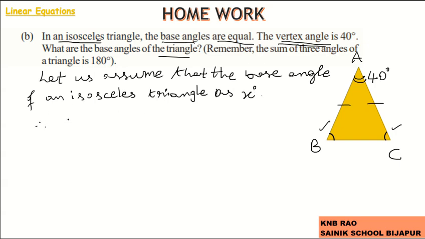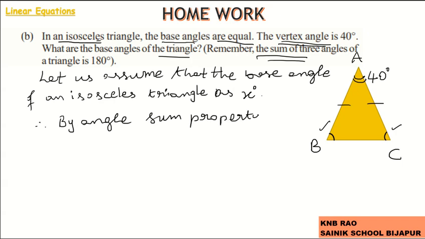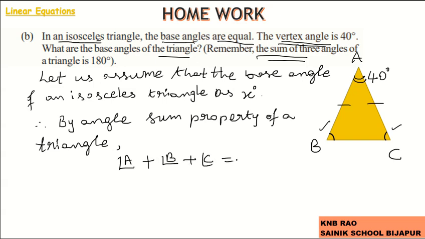Therefore, knowing the angle sum property of a triangle, angle A plus angle B plus angle C equals to 180 degrees.